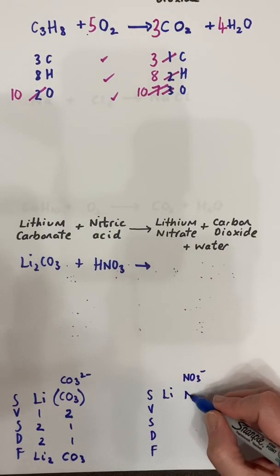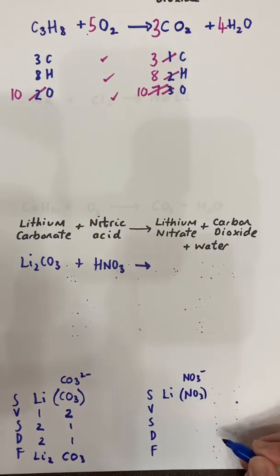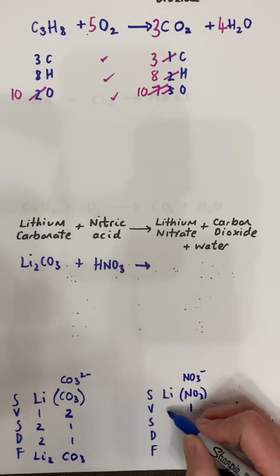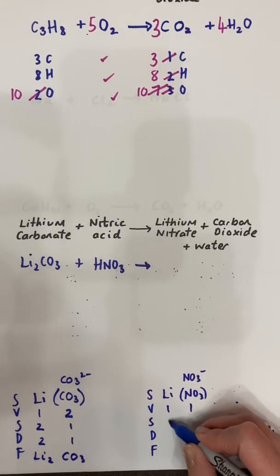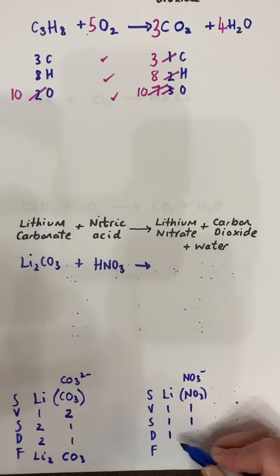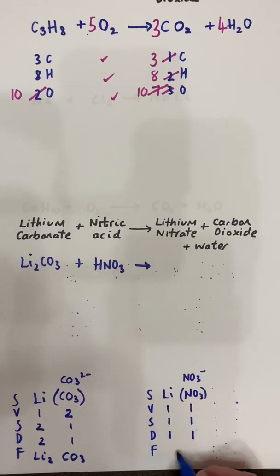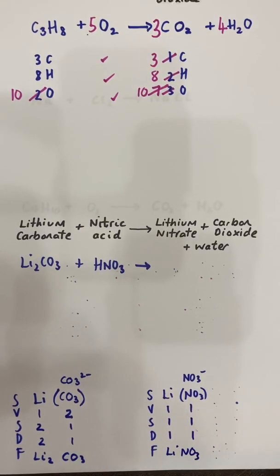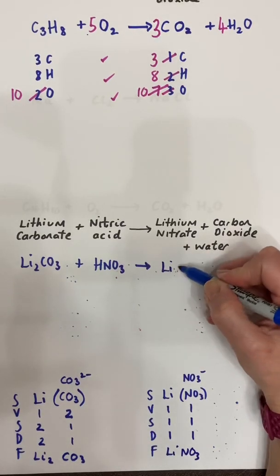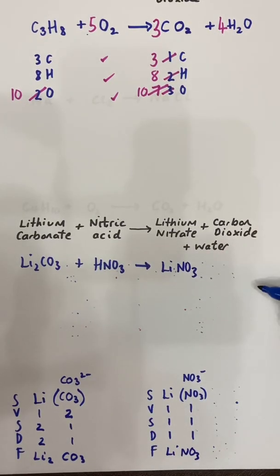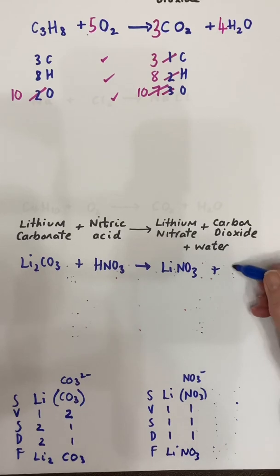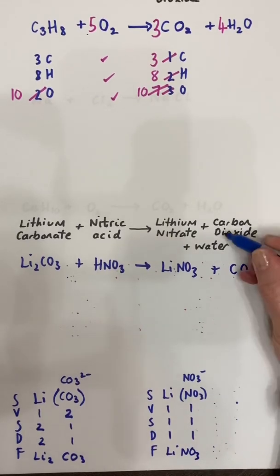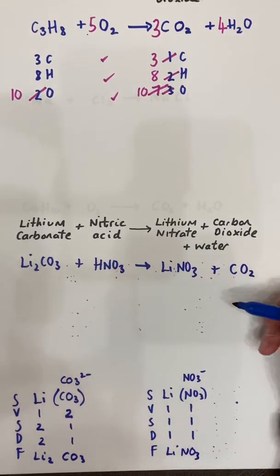So my NO3 is my symbol, and my 1- is my valency. Lithium group 1, valency 1. Swap gives me a 1 to 1. It's the simplest ratio I have, so I can't divide it, which means I've got 1 lithium and 1 nitrate. So my formula is LiNO3. Carbon dioxide we've seen already, carbon and oxygen, dioxide, 2 oxygens.